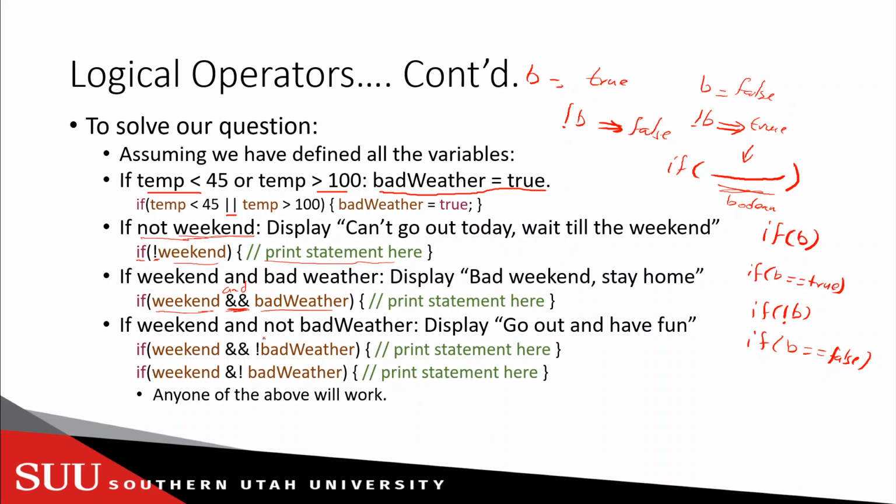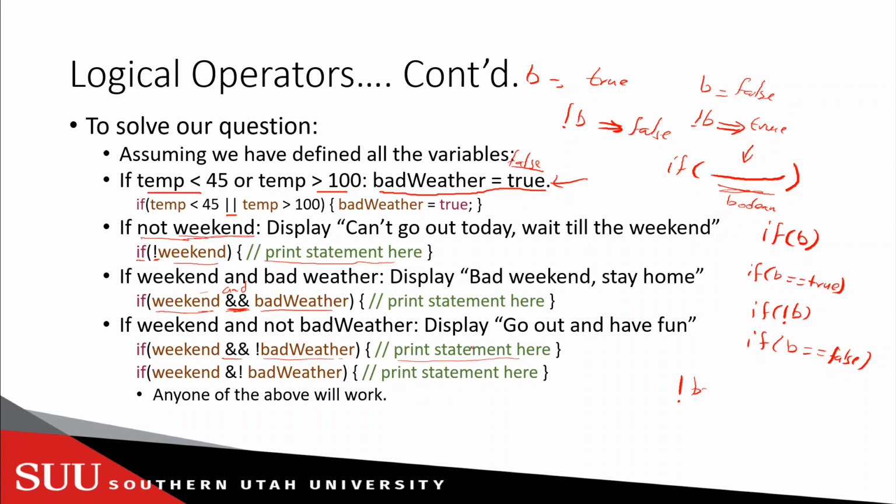Now if it's weekend and the weather is not bad, how do I know the weather is not bad? Remember the bad weather Boolean. If this is false, that means weather is not bad. How do I say if a Boolean is false? I just say if not that Boolean. So I can just say if weekend and not bad weather, print the statement here.